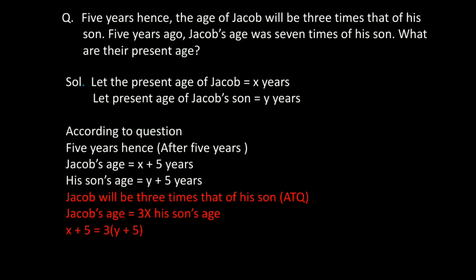So x + 5 = 3(y + 5). Now solve. x + 5 equals, multiply 3 by y + 5, so 3y + 15. Now x = 3y + 10, that is equation number 1.